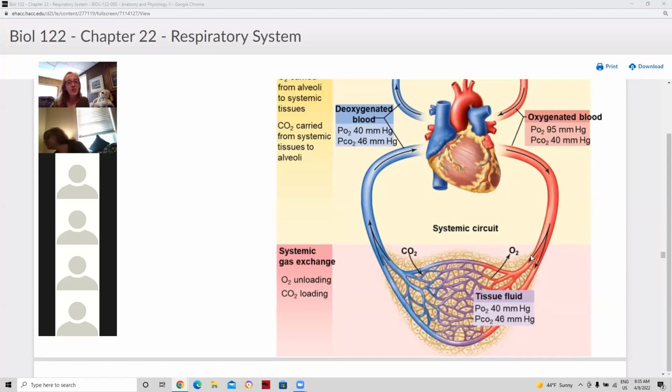As it comes down into the interstitial tissues, oxygen is going to flow from the blood into the tissues because the partial pressure of the oxygen is higher in the blood. Everything always moves from a high to a low.